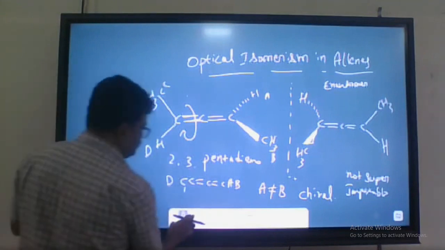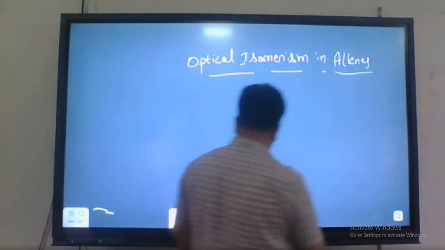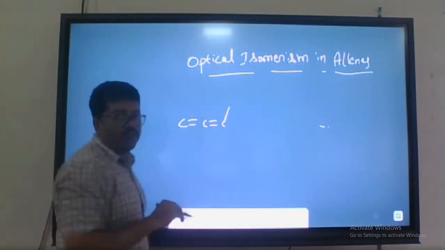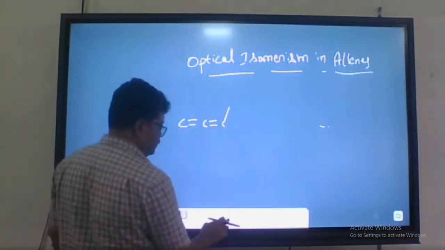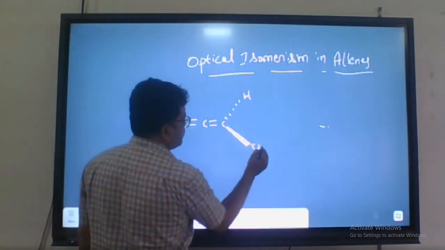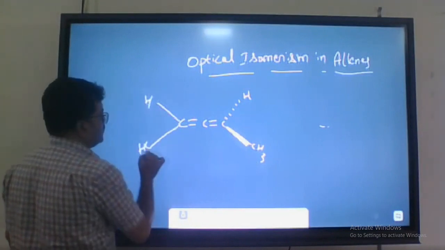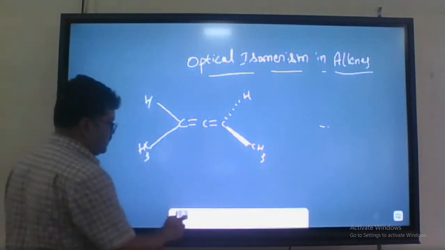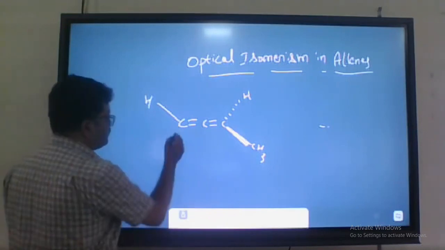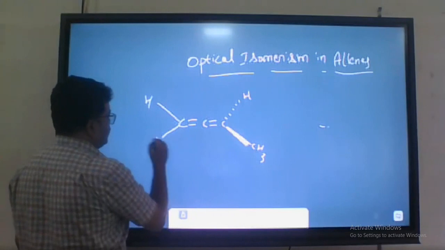So with an even number of double bonds, we take this one plus 1.